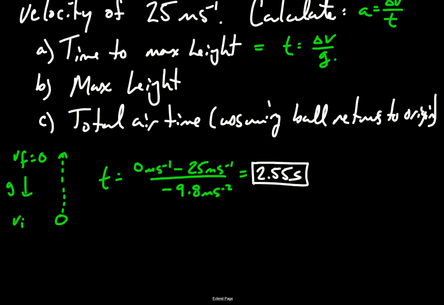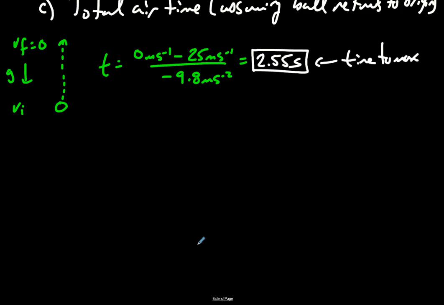So now we know that this is time to max height, right? Now we can figure out how high that is. Remember, this object is under the influence of gravity. If we want to know the distance that it traveled, probably the easiest way to figure that out is just using this old guy right here: Vf plus Vi over 2 times t.